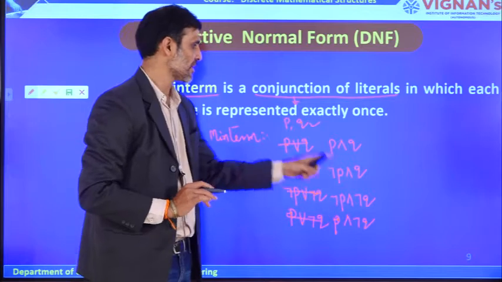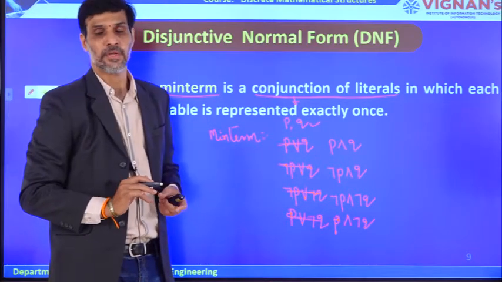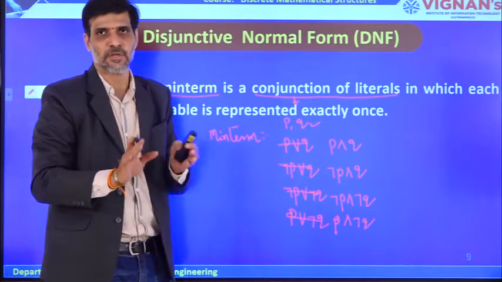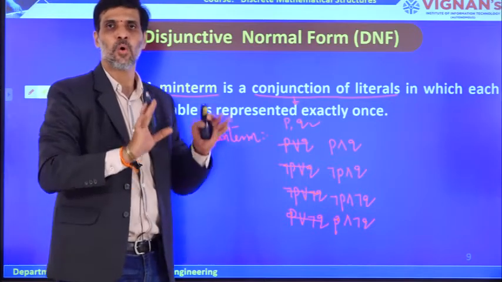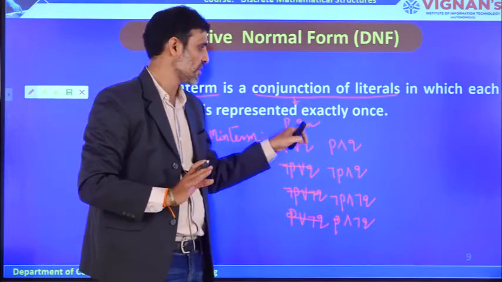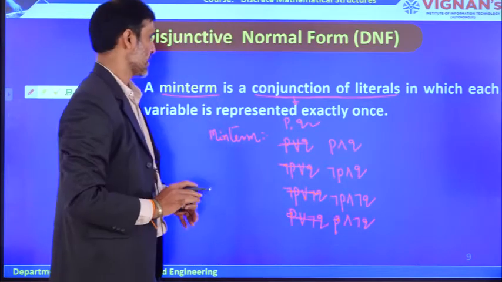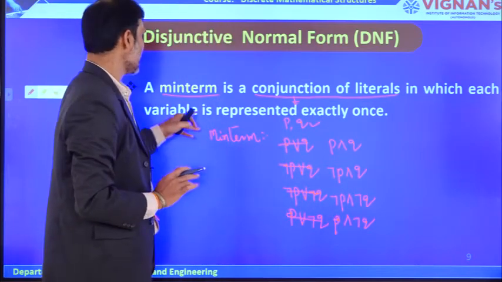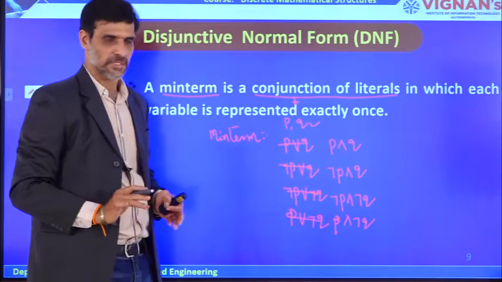These are all the min terms of the given 2 propositional variables, not compound propositions, only propositional variables, in which each variable is represented exactly once.